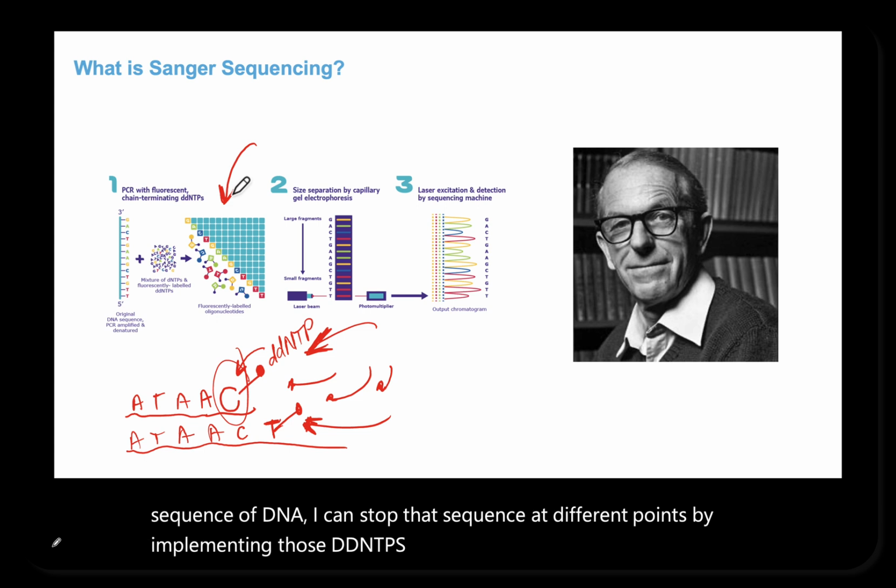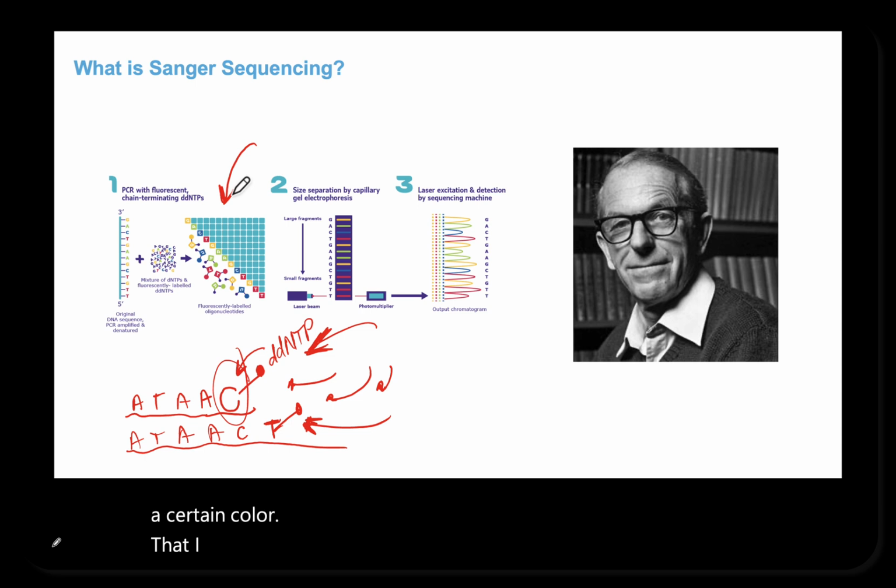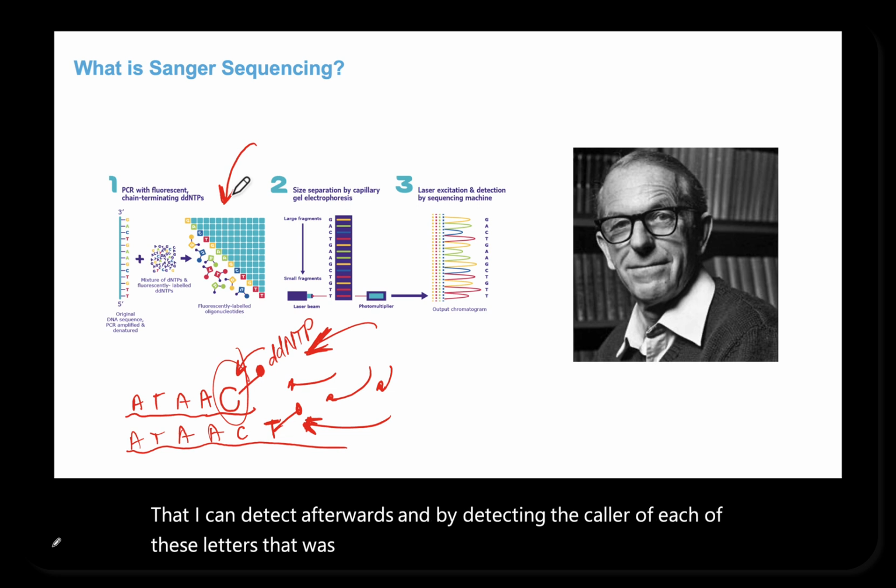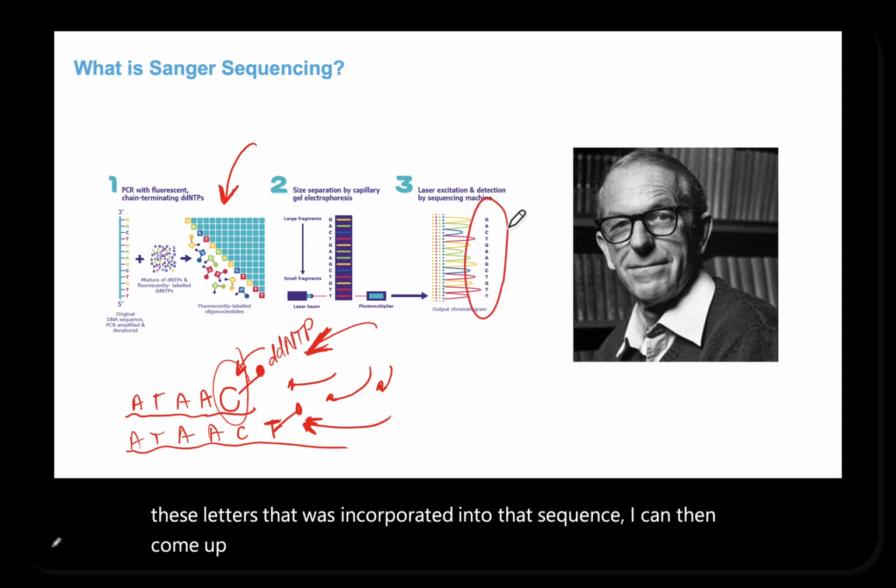Each ddNTP carries a certain color that I can detect afterwards, and by detecting the color of each of these letters incorporated into that sequence, I can come up with the entire sequence of DNA.